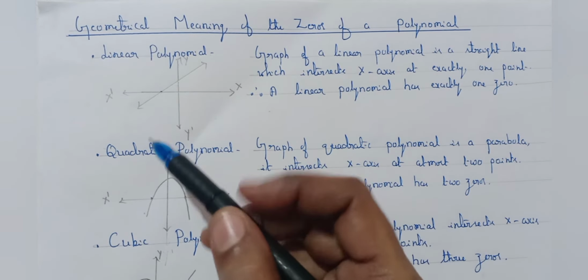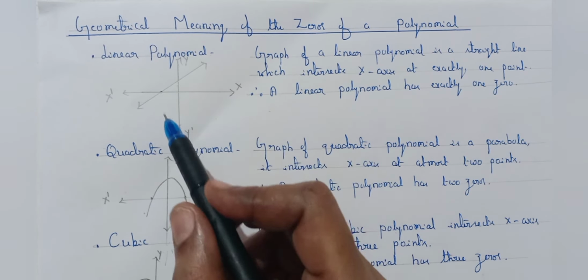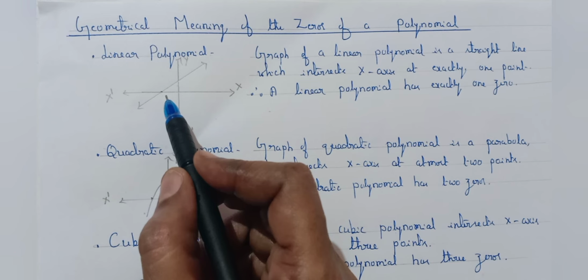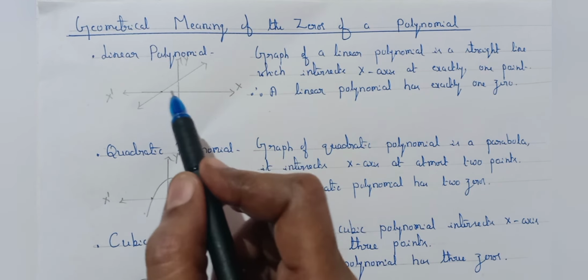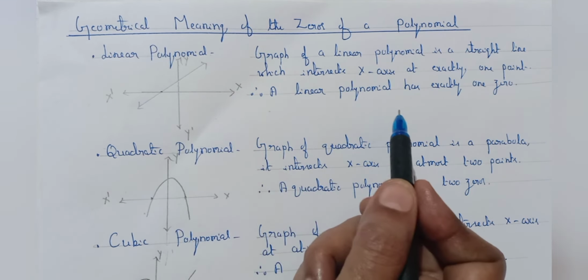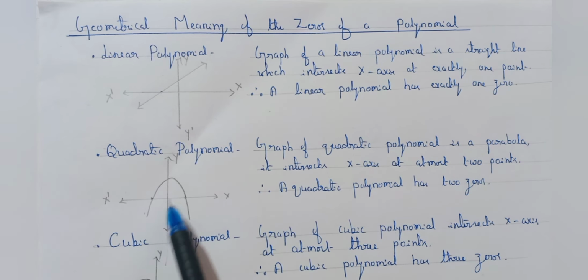Now you know the graph of a linear polynomial intersects the x-axis at exactly one point, so the linear polynomial has only one zero. The graph of a quadratic polynomial intersects the x-axis at most 2 points, so the quadratic polynomial has two zeros. And the graph of a cubic polynomial intersects the x-axis at most 3 points, so the cubic polynomial has 3 zeros.